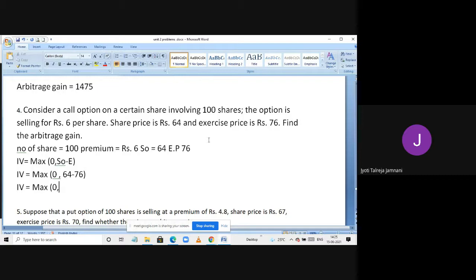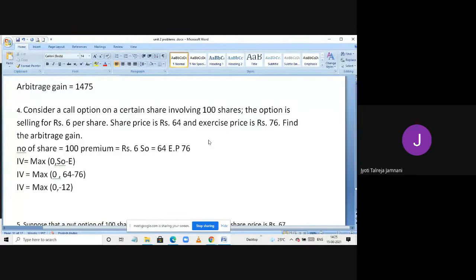How much do you get? Minus 12. So the intrinsic value is 0. Okay, and the premium is 6 rupees.